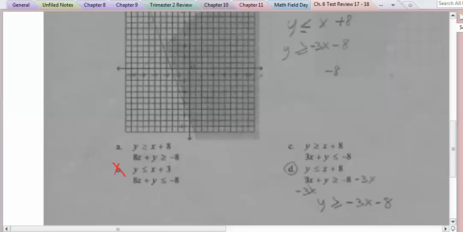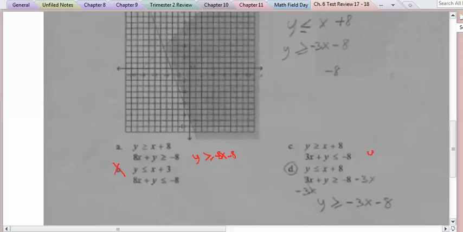Okay, these are all the same. We just need to figure out which one is which. You need to put them in slope-intercept form. So this one is y is greater than or equal to -8x minus 8.